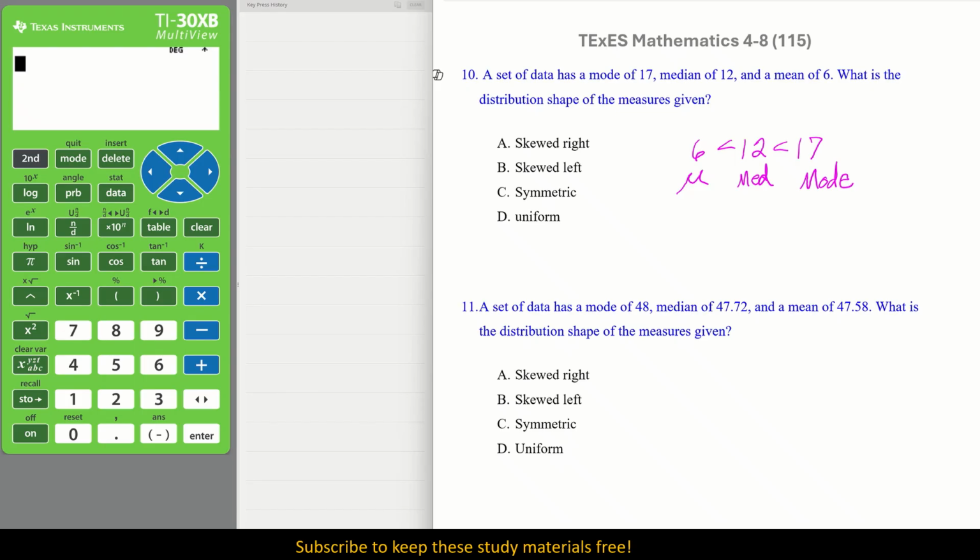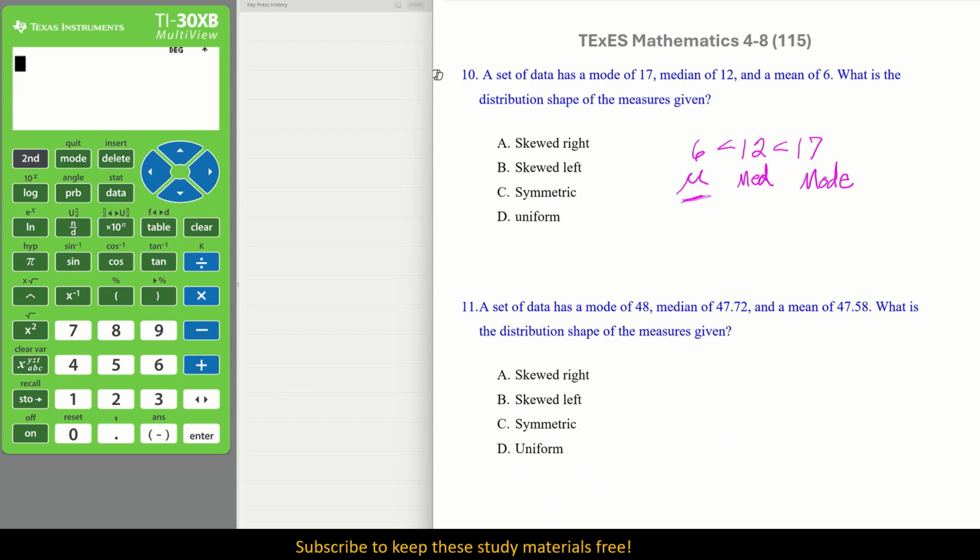Now, from the images that we discussed about shapes, there were a couple of them that showed that whatever way it's skewed, the shape will be near the mu, or the mean.